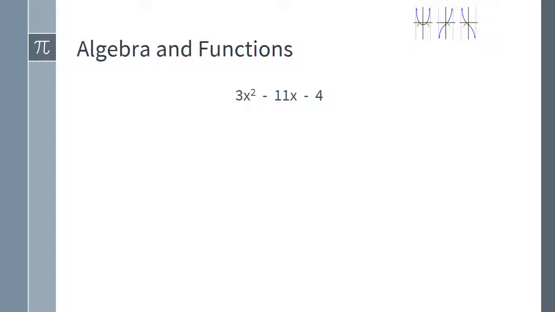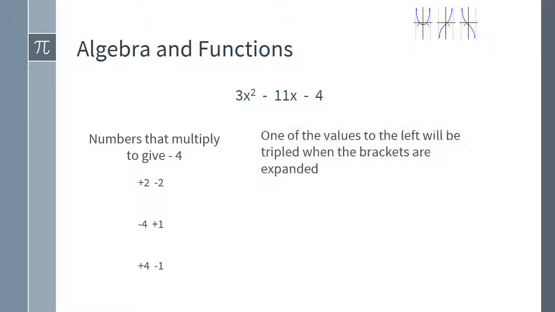3x squared minus 11x minus 4. Hopefully you can guess what's going to happen. Numbers that multiply to be minus 4 are either plus 2 and minus 2, minus 4 and plus 1, or plus 4 and minus 1. This time there's a 3x squared, so what does that suggest?